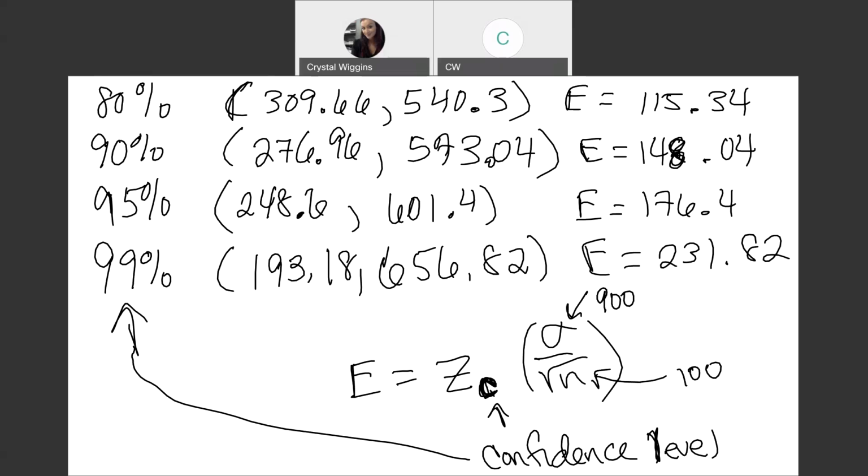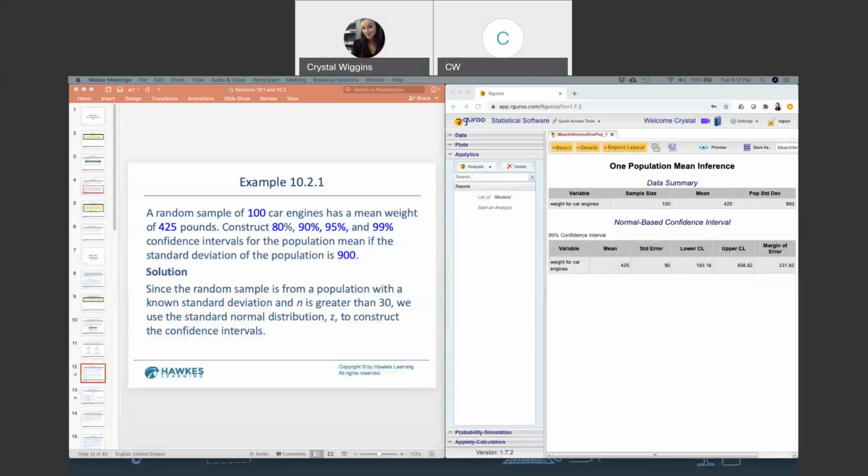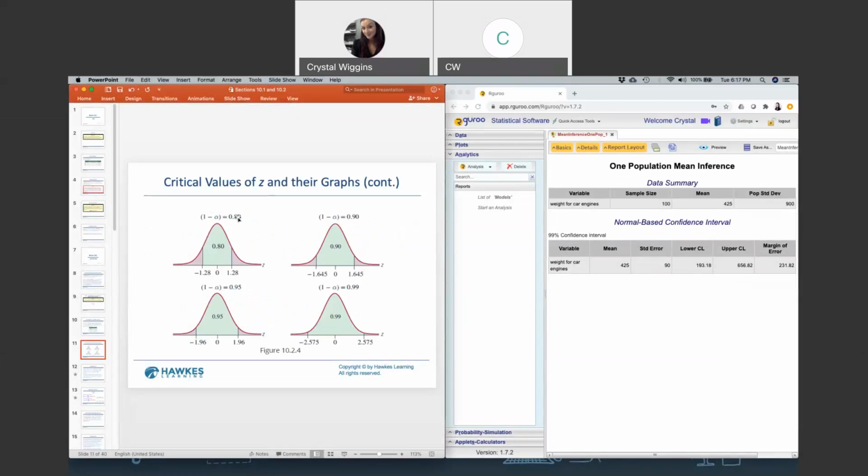And if we look back at the PowerPoint, which I'll bring us back there in a moment, actually, let's go back now. Hold on. So if we take a look back at this layout of critical values, as the confidence level gets more and more confident, what we're seeing is that the critical value has got to be bigger.